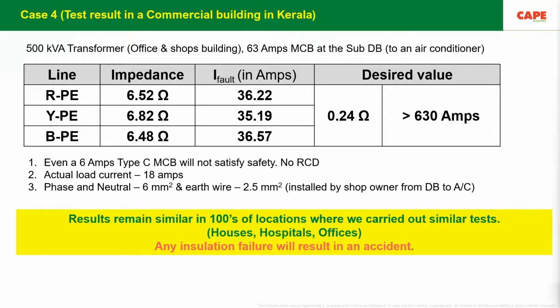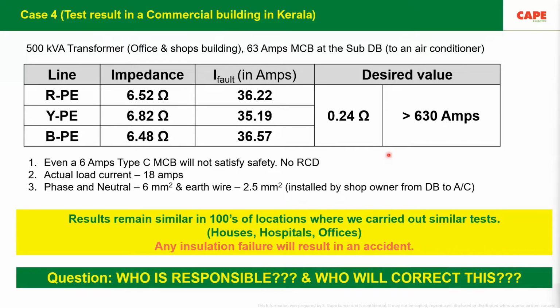Similarly, we tried checking the PWD and CPWD manuals, because somebody told us this is from PWD. Nowhere are these measures included. So basically, our installations are really in danger. The question I wanted to ask is, who is responsible and who will correct this?